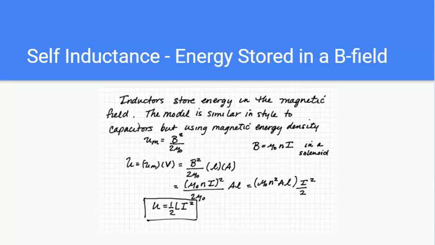So inductors store energy in the magnetic field, and it works similar to capacitors. Capacitors are storing energy in the electric field. This is storing energy in the magnetic field, and the model is similar. And so we can use that idea and the idea of magnetic energy density to come up with an expression for the energy that's stored in the magnetic field. U is the energy, and it is 1/2 times the inductance times the current squared.